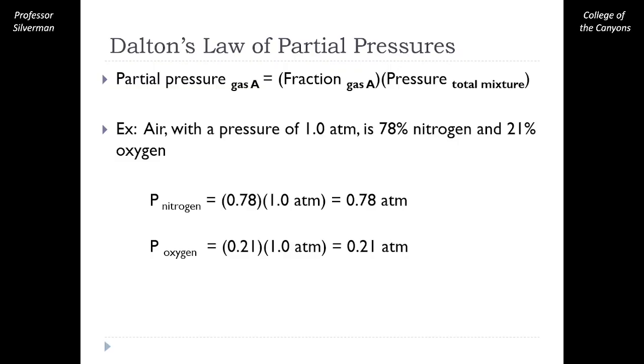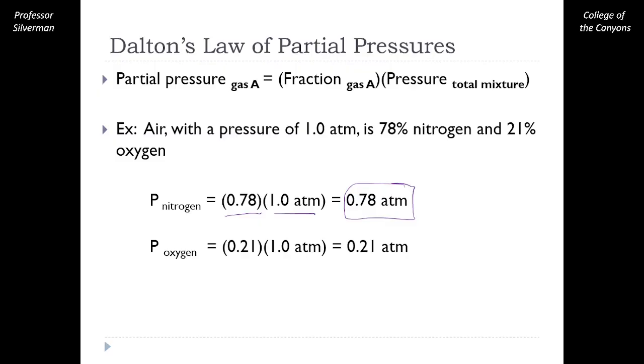The total pressure is 1 atm. If 78% of that is nitrogen, the fraction of nitrogen is 0.78. And that fraction times the total pressure of 1 atm tells us the partial pressure of nitrogen. 78% of our gas is nitrogen, so 78% of the pressure is due to nitrogen.